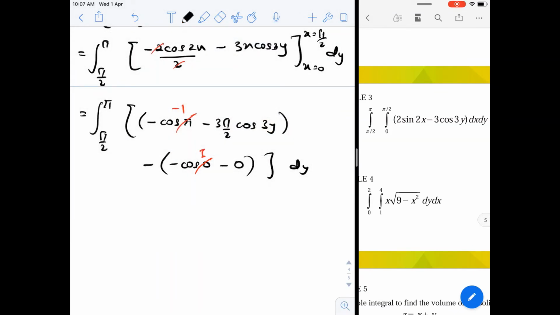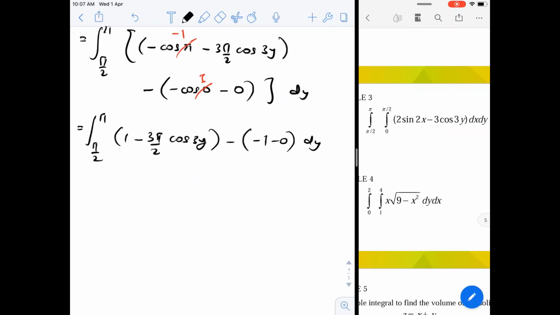So we will get from pi over 2 until pi, negative 1, so becomes positive 1, minus 3 pi over 2 cos 3y, minus negative 1 minus 0 dy. So we will have equals to pi over 2 to pi, 1 minus minus 1, so becomes 2, minus 3 pi over 2 cos 3y dy.